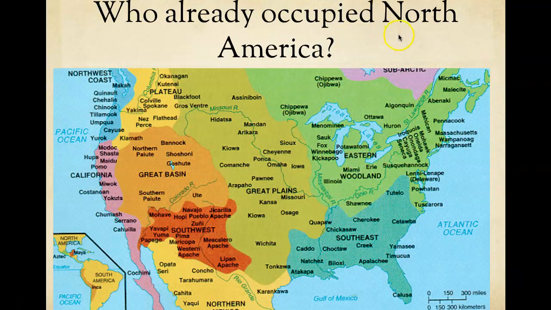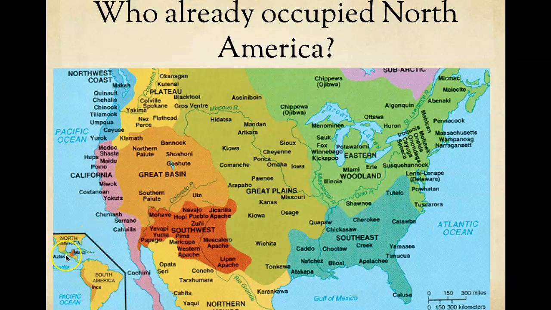So who already occupied North America? This is a map of all of the indigenous Native American groups in North America. So you can see the Southern Paiute, this is going to be Nevada, the Mojave Desert, the Hopi. Over here on the East Coast, you have the Powhatan, so think like Pocahontas. You have the Iroquois. So all of this land that was conquered by Europeans was already being lived on by indigenous Native American groups.